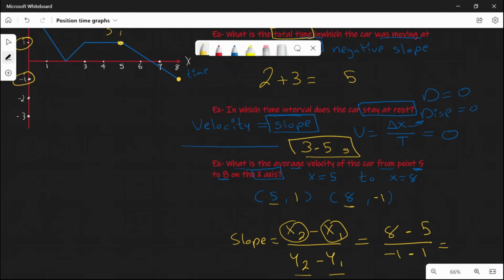So the velocity or the slope will be equal to negative 2 over 3. So the velocity of the car in this time interval is equal to negative 2 over 3 meters per second.